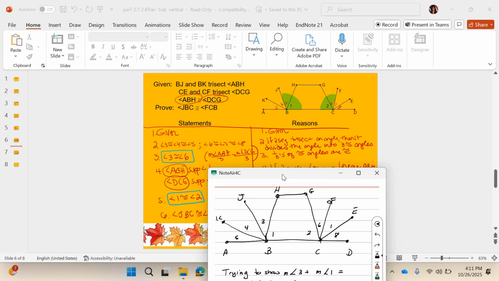Measure of angle 5 is equal to the measure of angle 4, is equal to the measure of angle 3, which is also equal to the measure of angle 6, which is equal to the measure of angle 1, is equal to the measure of angle 8.